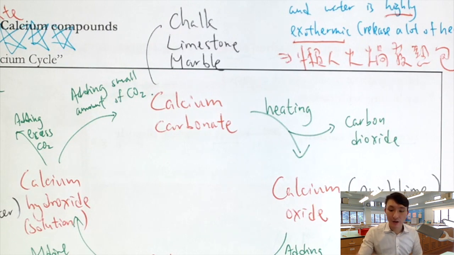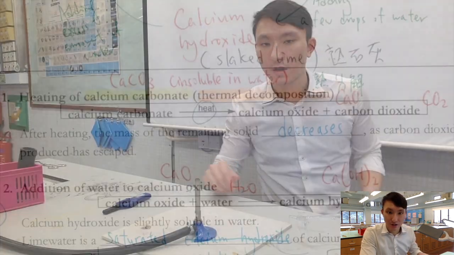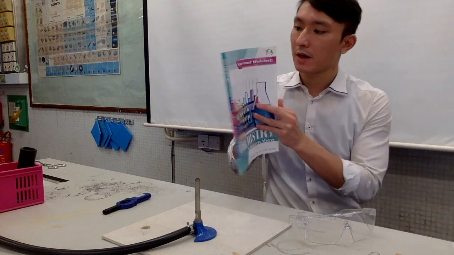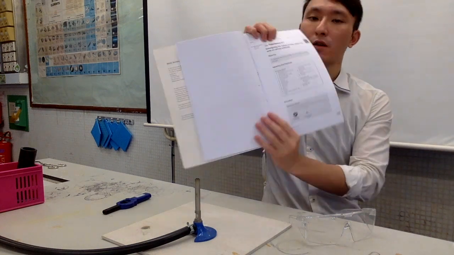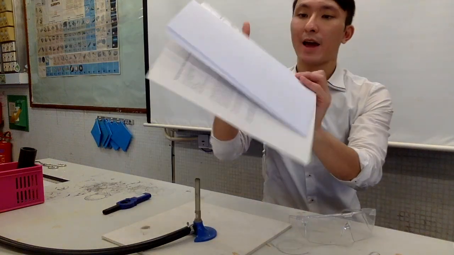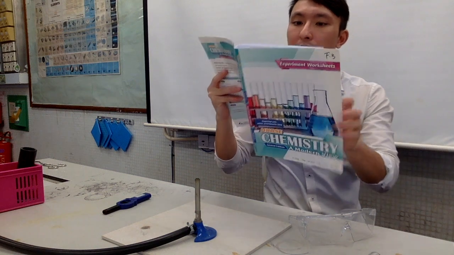We are going to look at a series of demonstrations of the experiments concerning all these reactions. I'm going to demonstrate a series of experiments which you can find in our lab workbook. Experiment 4.1 here. According to the menu, there are 3 parts, part A, B, C.